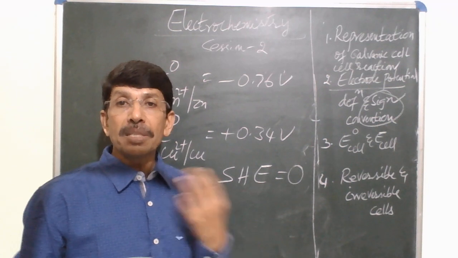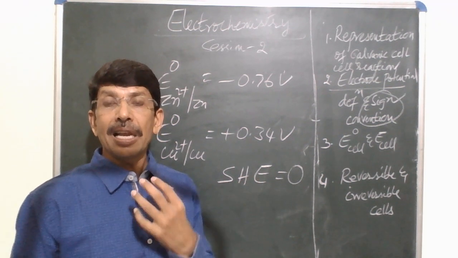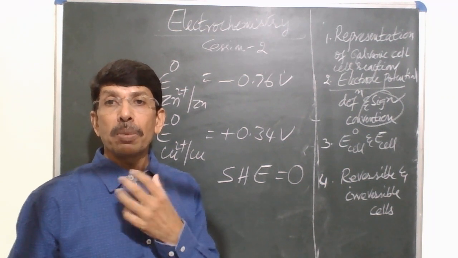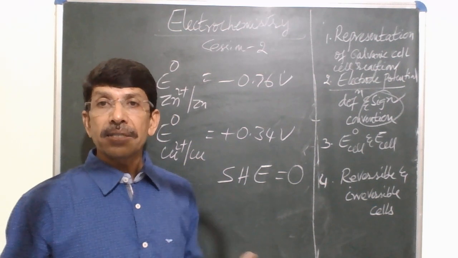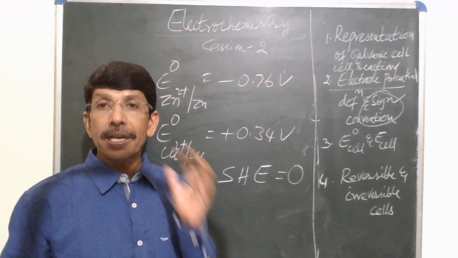Because it is impossible to determine an electrode potential without having another electrode whose potential is known. When no electrode potential is known, the problem is how to determine electrode potentials. Therefore, this problem is solved by taking a standard hydrogen electrode as a reference electrode.